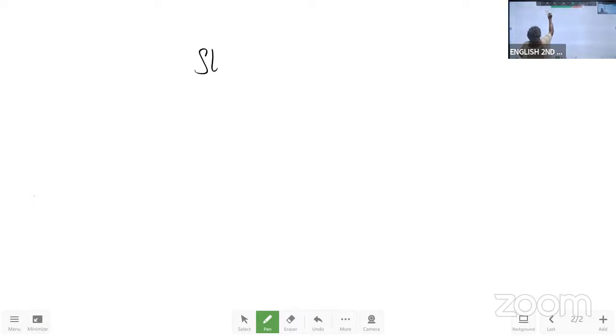Stress marking. Before we go on to stress marking, I want you to recollect your syllables. What is a syllable? You have done it in junior inter. It is the breaking up of a word. It can be monosyllabic.